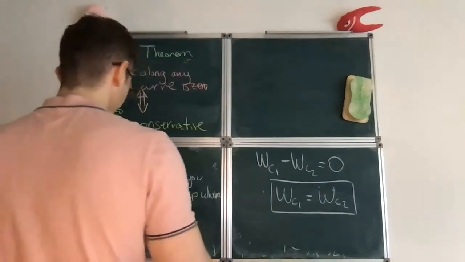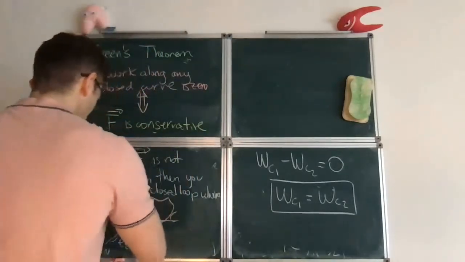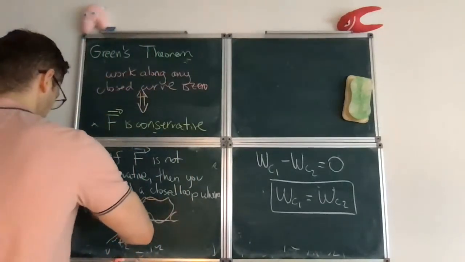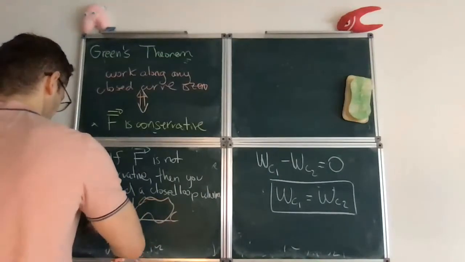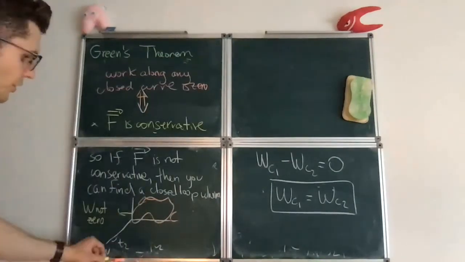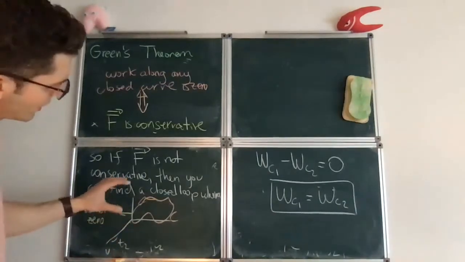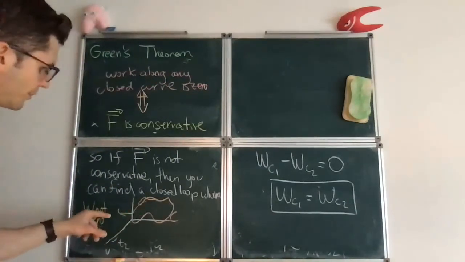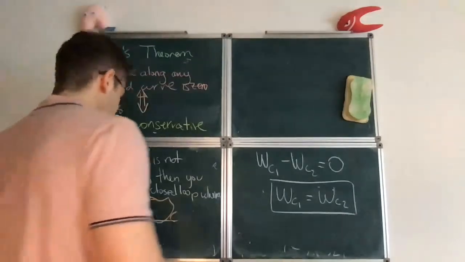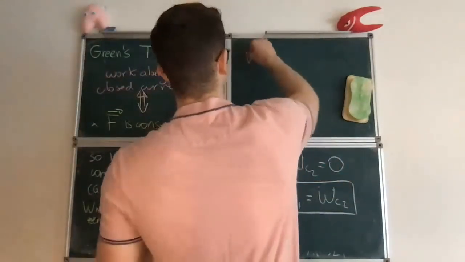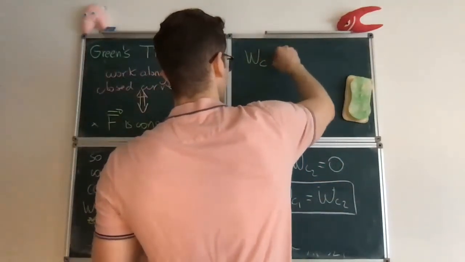That's the point. And the content of Green's theorem is that it will allow us to... the work along the curve C is not 0.